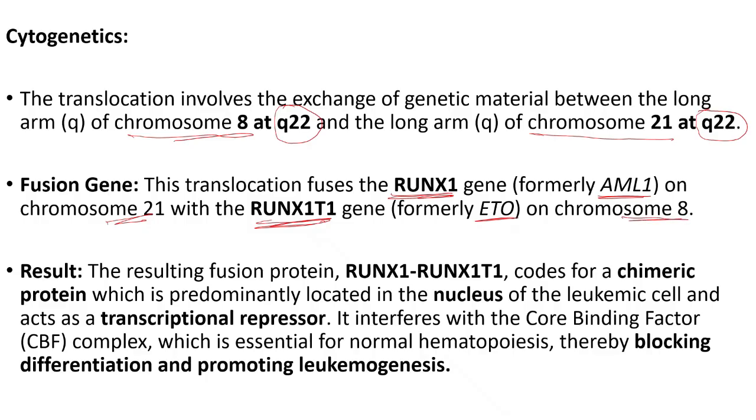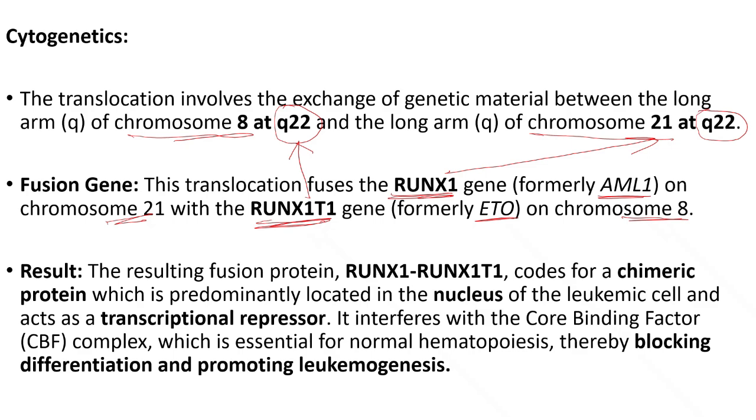So the RUNX1 gene is present at chromosome 21 q22 and the RUNX1T1 gene is present at chromosome 8 q22.